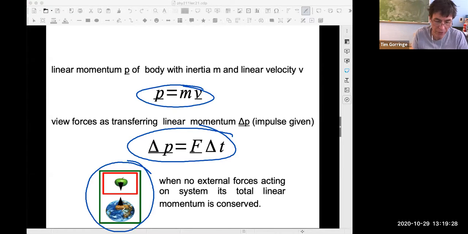The apple on its own has external forces acting on it, and the earth on its own has external forces acting on it. But the apple and the earth in this picture are a system where no external forces are acting. That type of system conserves linear momentum, and that's the usefulness of linear momentum in problem solving.